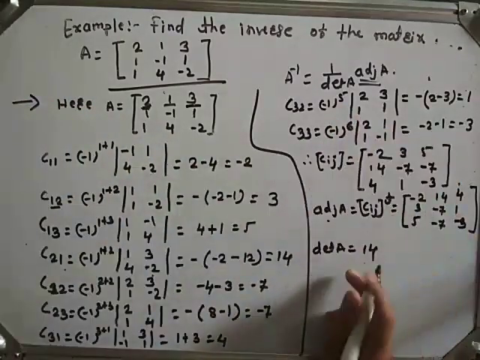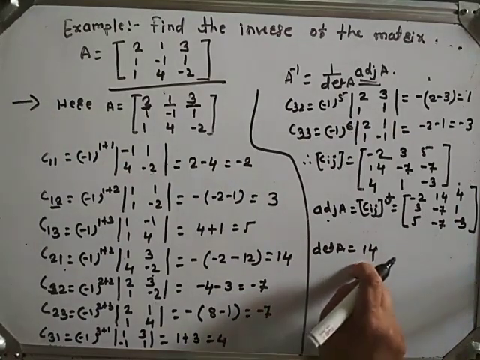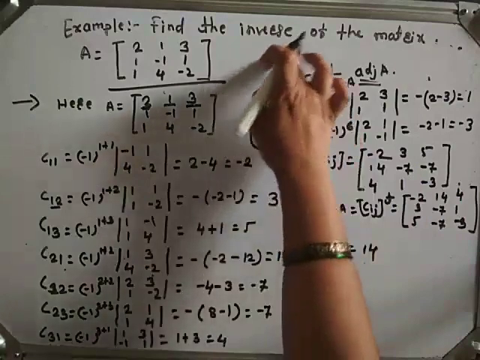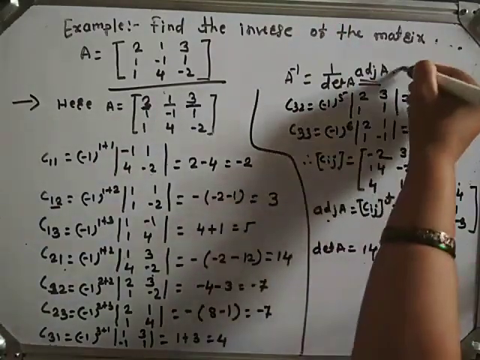Now put values of determinant of A is equals to 14 and adjoint of A in this formula.